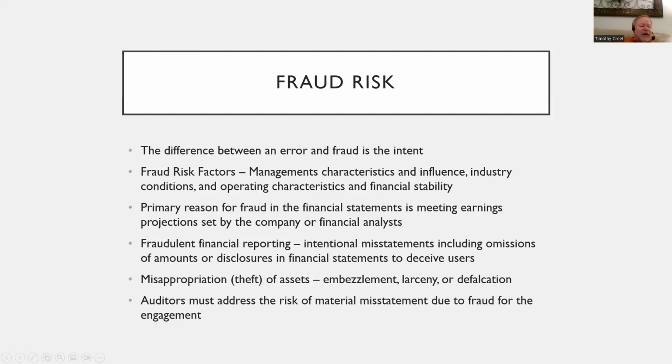Again, that is something to keep in mind. If a company is not meeting these or is barely meeting these, it could be an indicator. What you're looking at here as the auditor is whether this could give us a higher possibility of fraud that we need to look into.